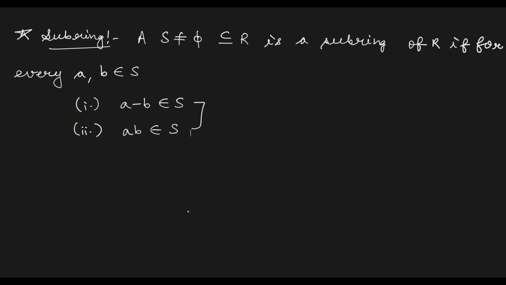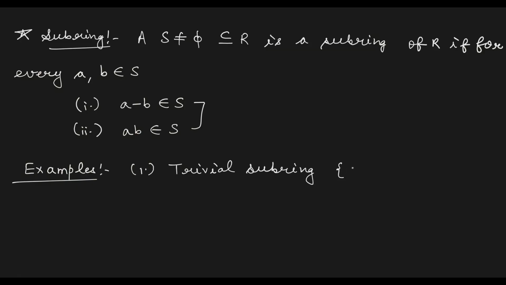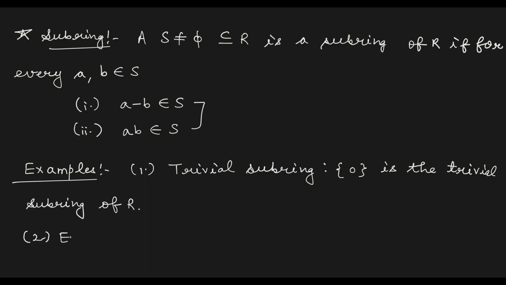Now some examples of subring. First, the trivial subring: singleton 0 is the trivial subring of R. Second, every ring is a subring of itself.